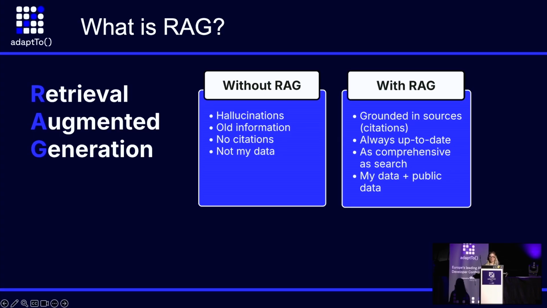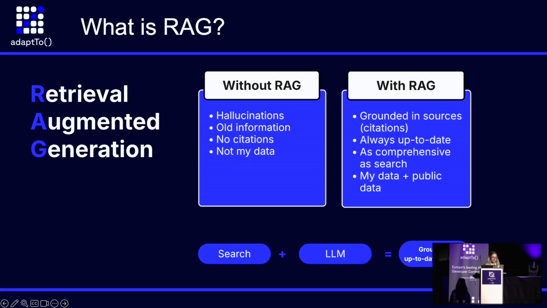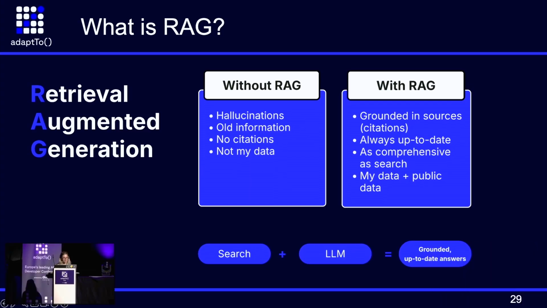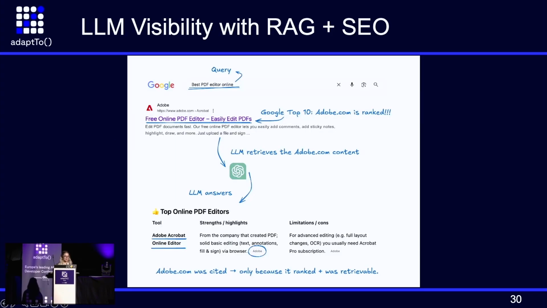And I can also see my data, my customer's data, alongside the public data. In short, to summarize, RAG makes it possible for the LLMs to use the search answers, and with that we have more up-to-date, grounded results.